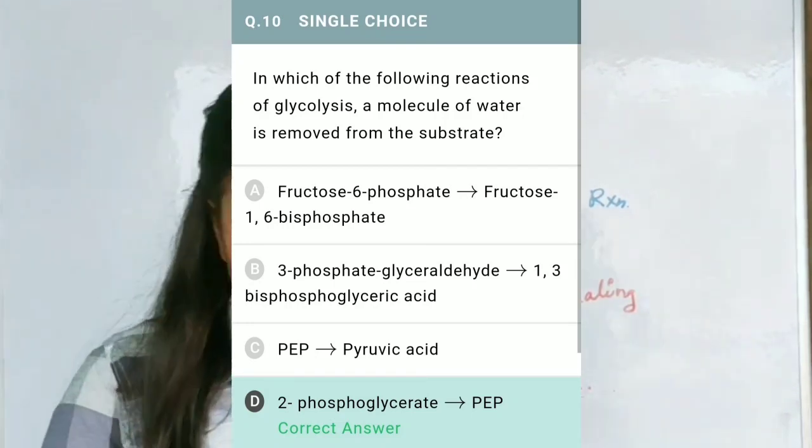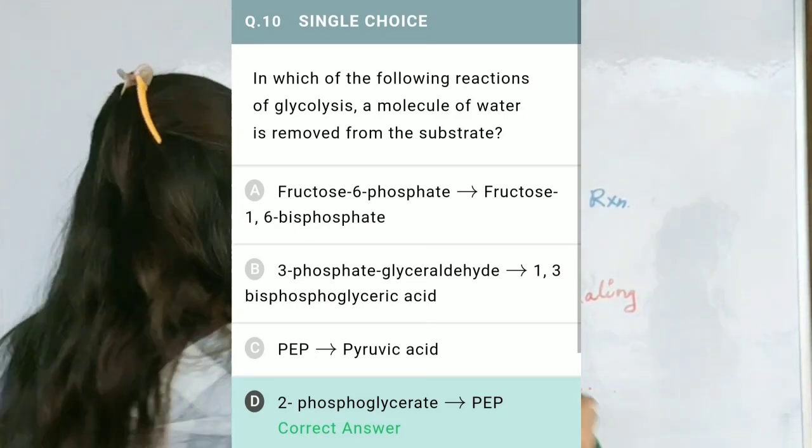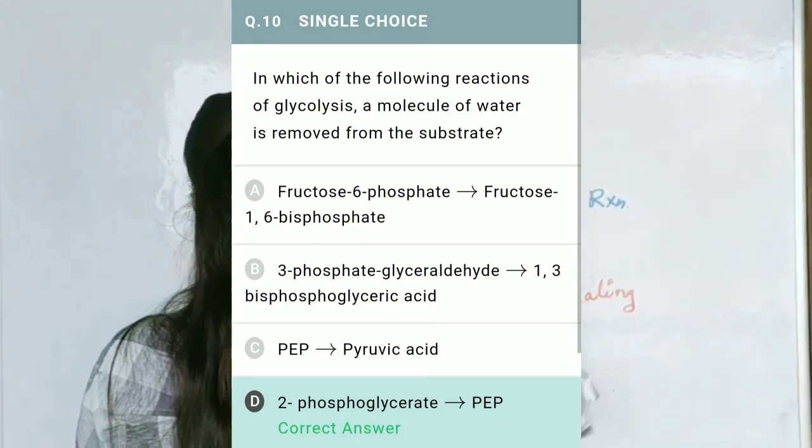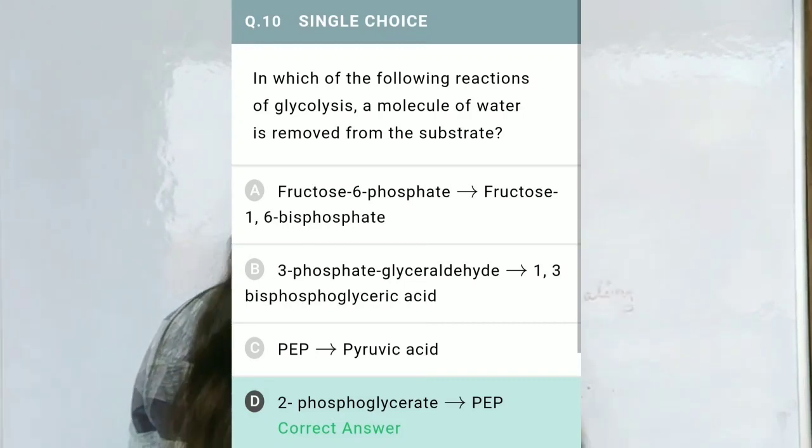In which of the following reactions of glycolysis is a molecule of water removed from the substrate?